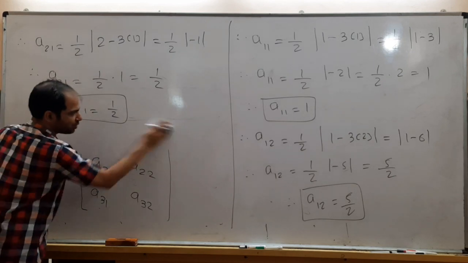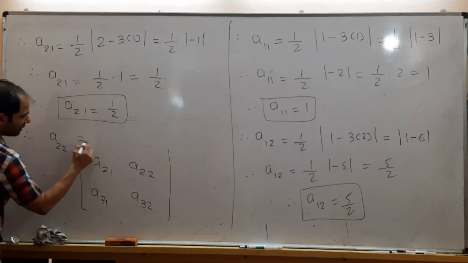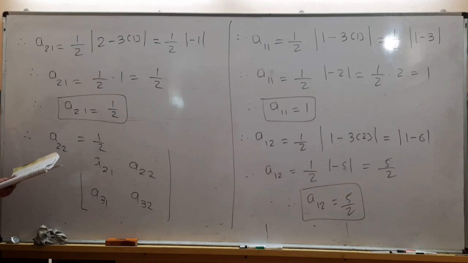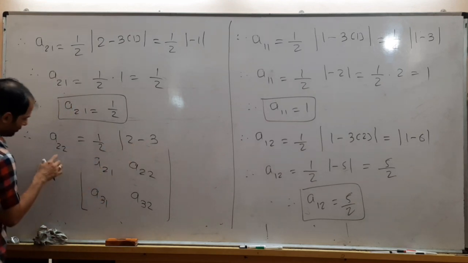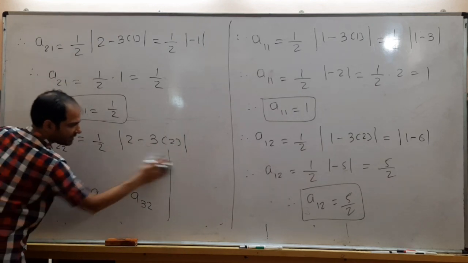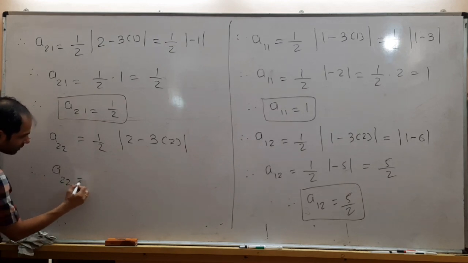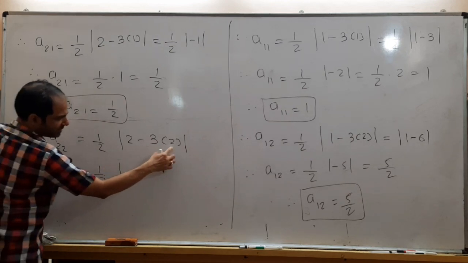The next is A22. Half into, what is the formula? Mod of I minus 3j. So I is 2 minus 3 into j. j is 2. So it will turn out to be half into 3 twos are 6.